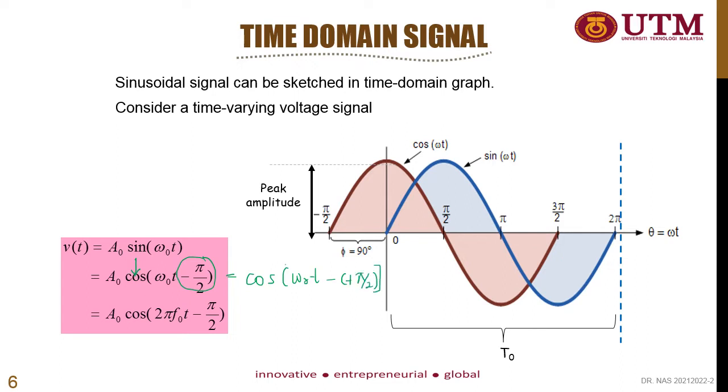So the signal is shifted to the right by pi/2. If you look at this graph, the sine signal is basically the cosine signal that is shifted to the right by 90 degrees.